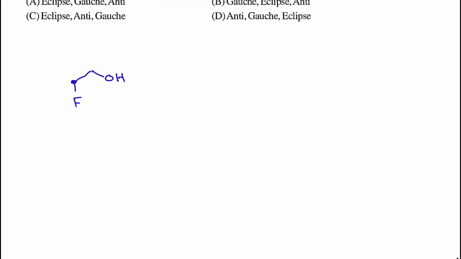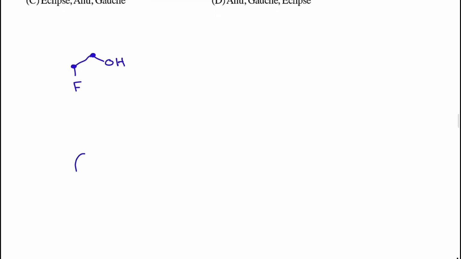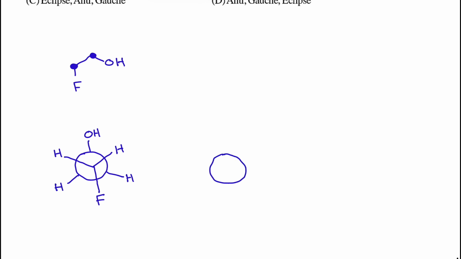So this is one carbon, this is another carbon, one is near carbon, another one is rear carbon. So let us write the conformations first. This carbon is having 2 hydrogens and fluorine. This carbon is having 2 hydrogens and OH group.